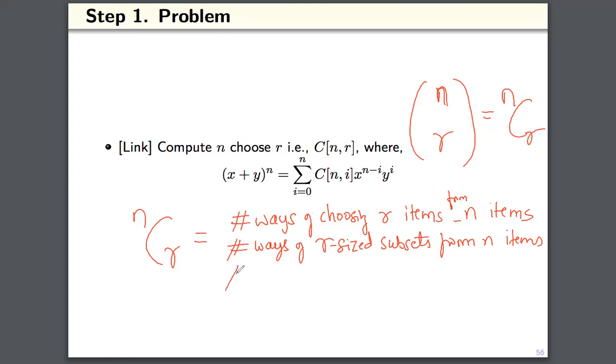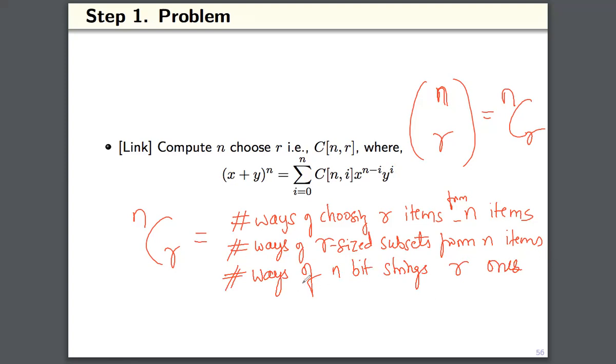You can also consider this as the number of n-bit strings such that R of them have ones, or you can say R of them have zeros, whatever.